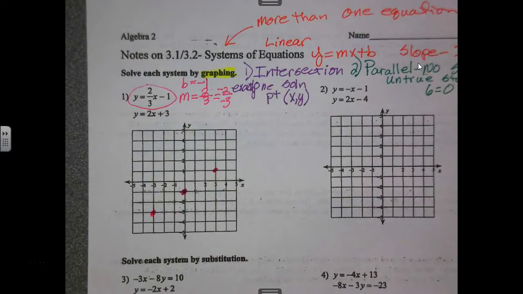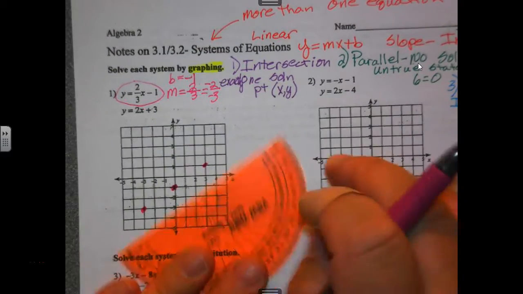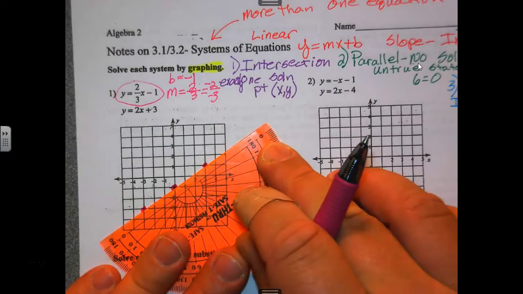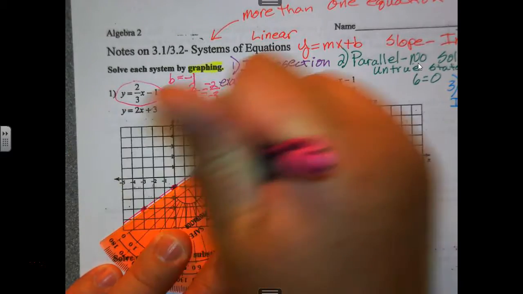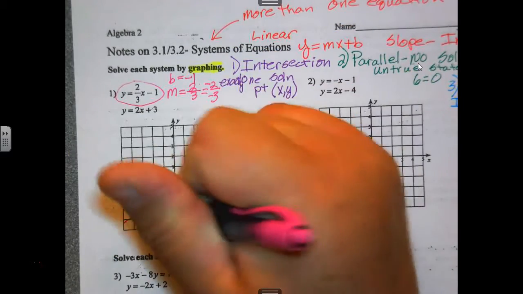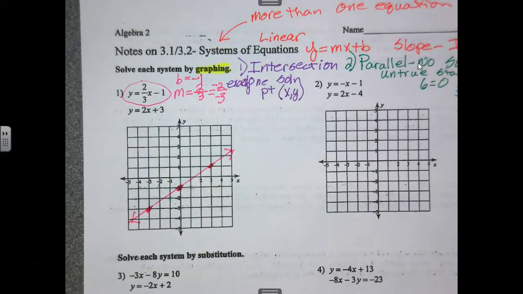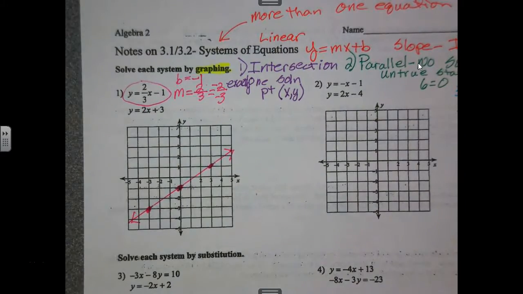Now, you should be drawing lines. Technically, you can get away without drawing a line, but since I'm a perfect mathematician, I had to draw a line. So there's my first equation. What about my second one?